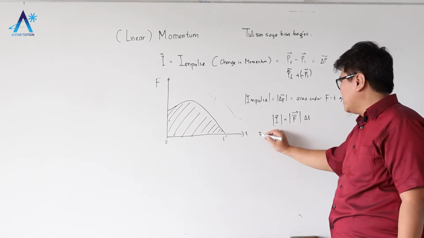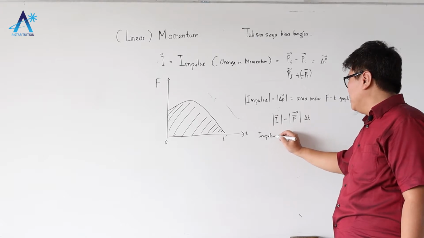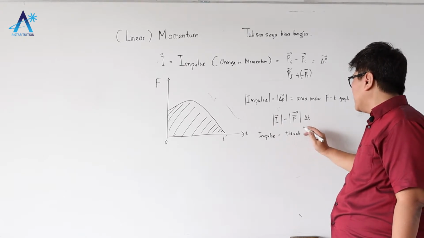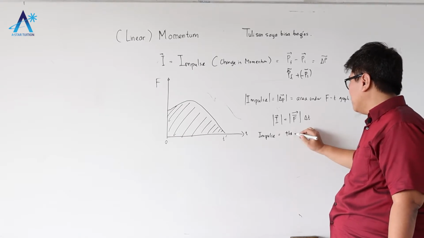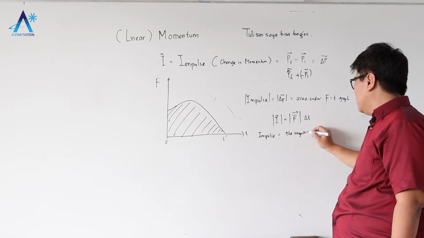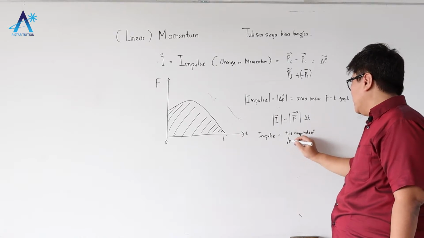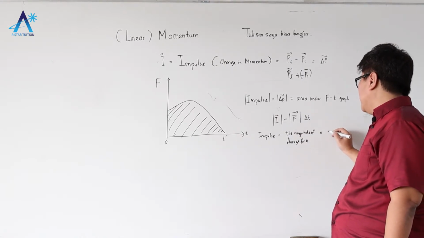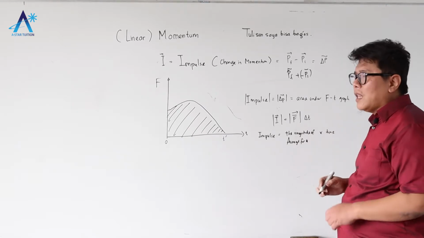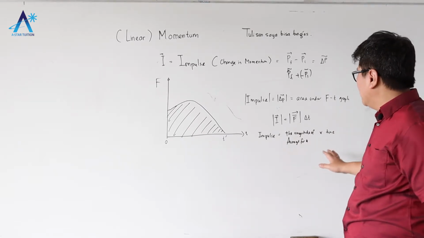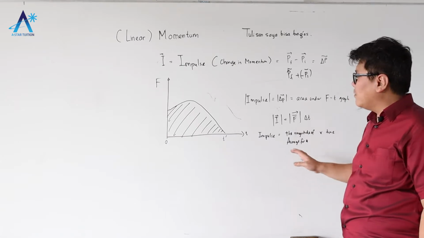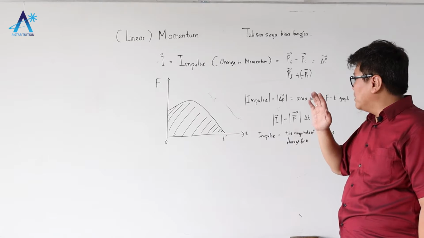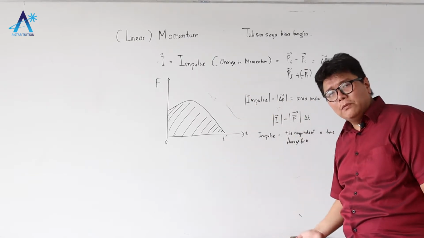So impulse can also be calculated by using the magnitude of average force multiplied by the time. The time as in how long it takes for the velocity to change from a certain momentum value to the next momentum value.